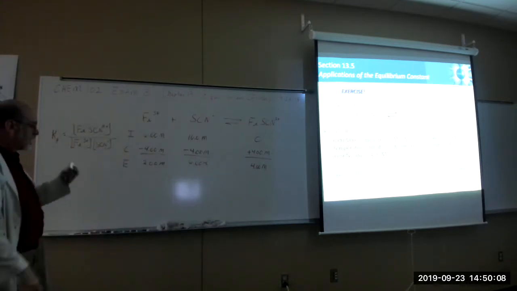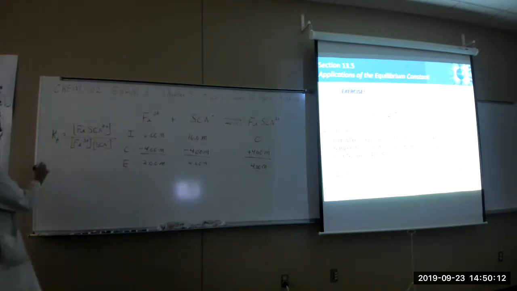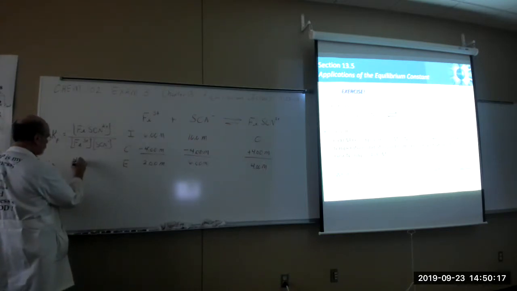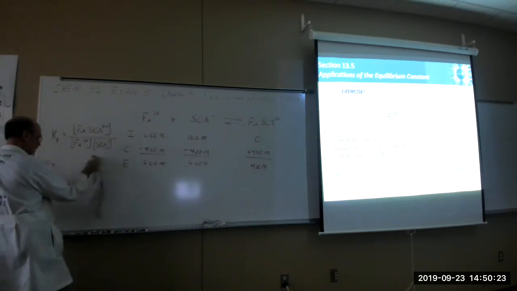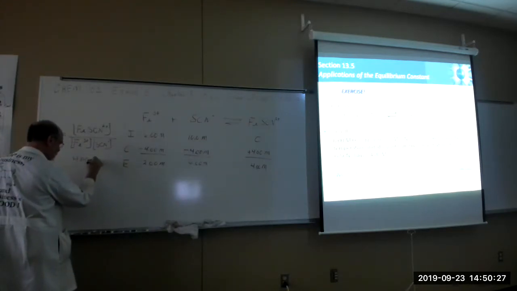So now we have our equilibrium values, and we can do the calculation. The K would be 4 on top. Well, I should be consistent, that's equilibrium, so it's going to be 4 in square brackets.